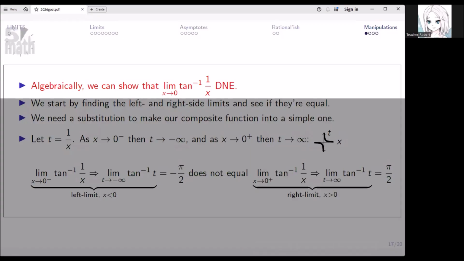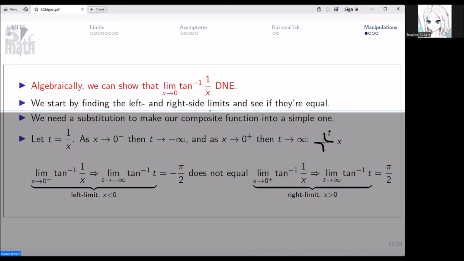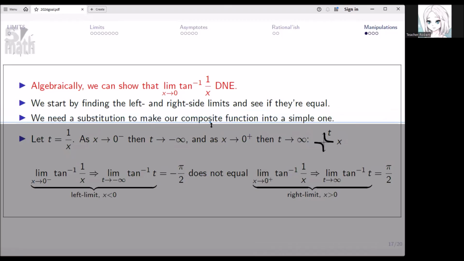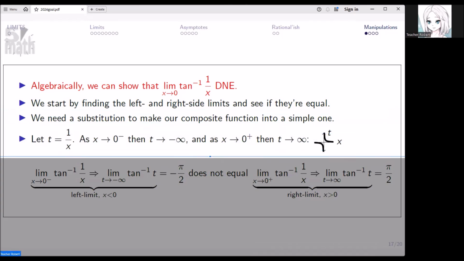Algebraically, we can show that limit as x approaches 0 of arctan of 1 over x does not exist. We start by finding the left and right side limits and see if they're equal. We need a substitution to make our composite function into a simple one. Let t equal 1 over x. As x approaches 0 from the negative, then t approaches negative infinity, and as x approaches 0 from the positive, then t approaches infinity.